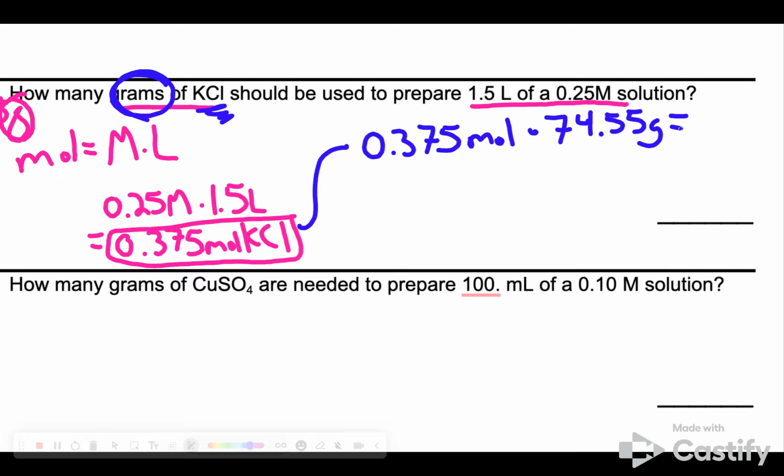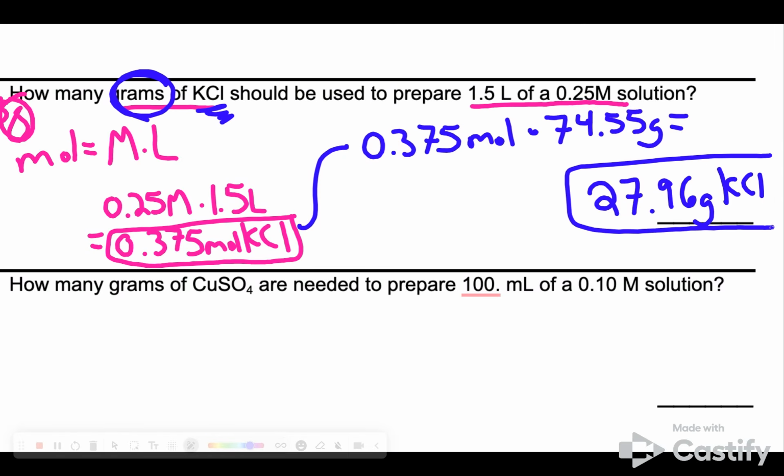And when I multiply those together, I end up with 27.96 grams of KCl as my final answer. So in this case here, we had to find our moles first, and then we convert to grams. So this is our step that we convert to grams.